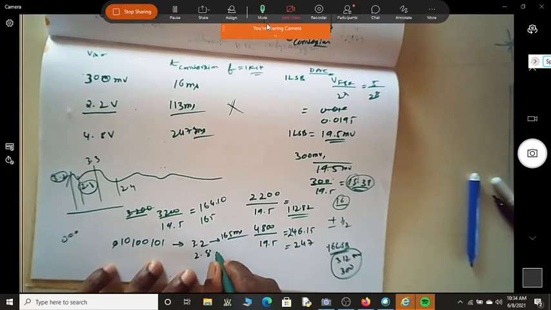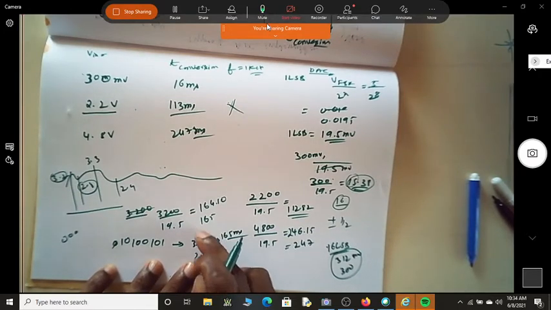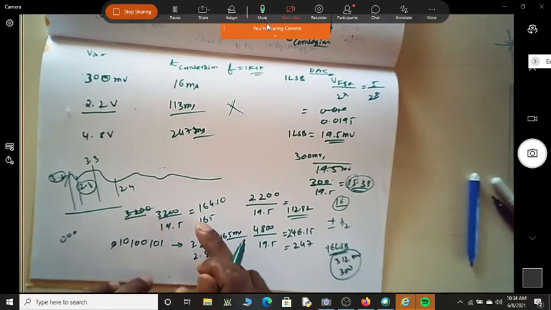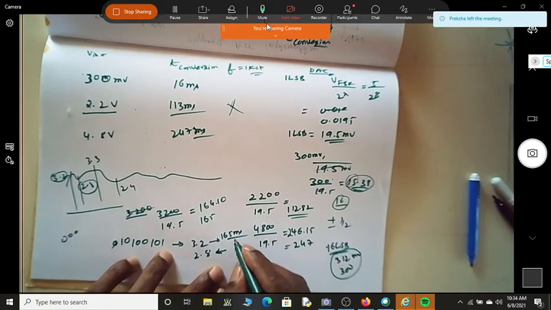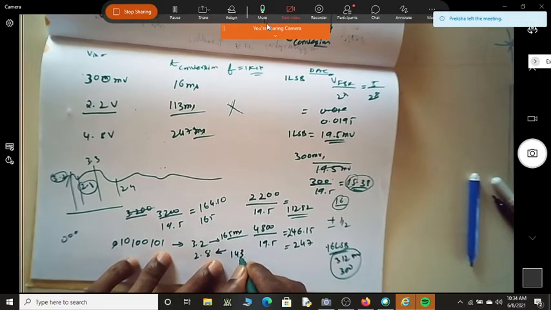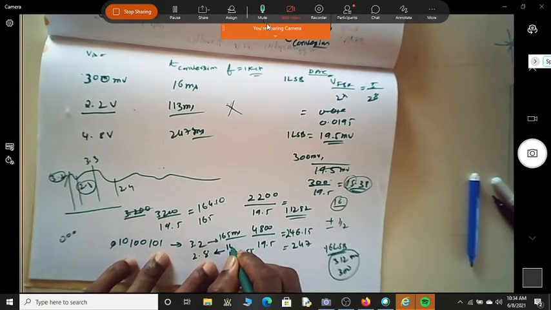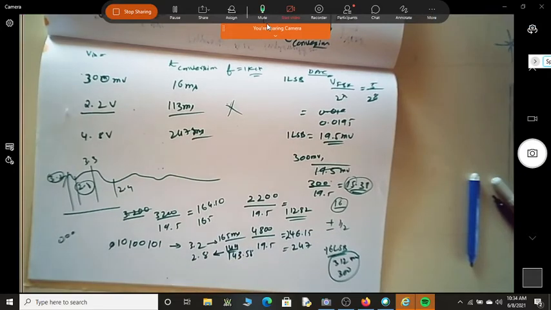Now, to get the digital equivalent of 2.8, what will be the count? Can somebody give me what is for 2.8? 143.58. Let us take it as 144. Correct? Yes, sir.